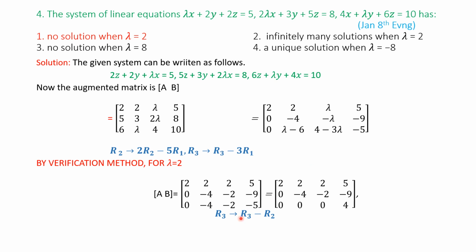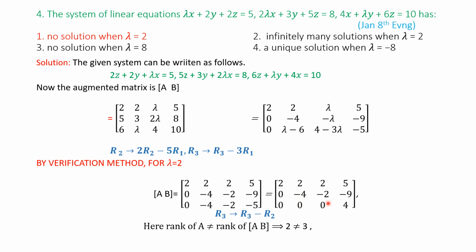Here apply a row transformation for the third row, R3 changes to R3 minus R2. Then the resultant matrix will be 2 2 2 5, 0 minus 4 minus 2 minus 9 and 0 0 0 4. So we observe that here the rank of the coefficient matrix is not equal to the rank of the augmented matrix.